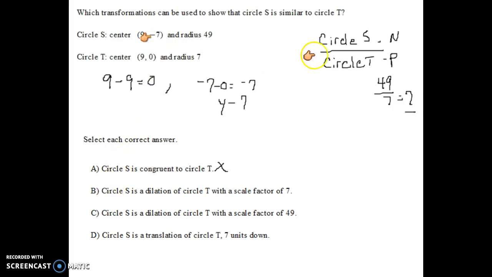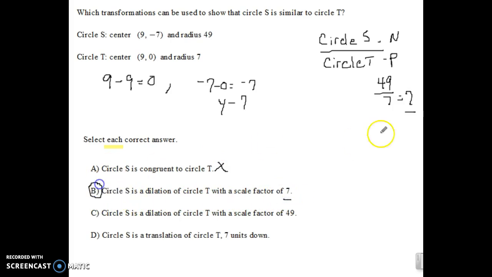So let's also calculate our scale factor. Remember, this is our new image over the pre-image, so 49 divided by 7, our scale factor is 7. This one says select each answer. So remember, each answer, there's usually more than one. Circle S is a dilation of T with a scale factor of 7.